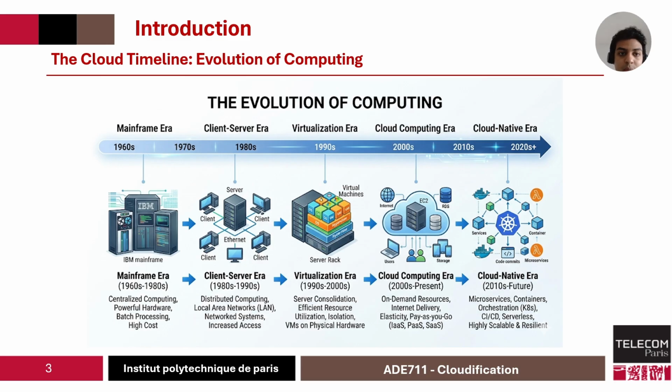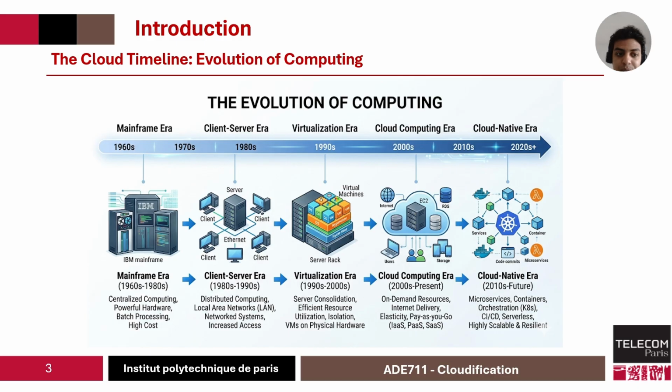So the cloud timeline, as you can see here, starts from the first day we had the ability to compute. It's in 1960 with the famous big machine called ENIAC.